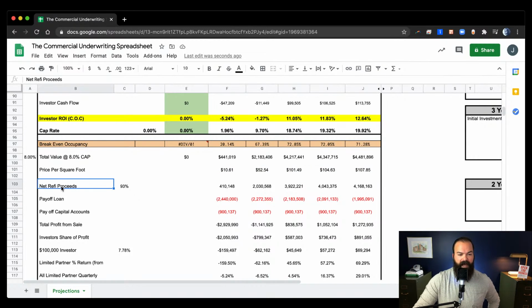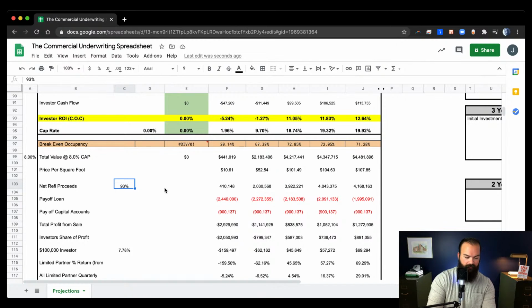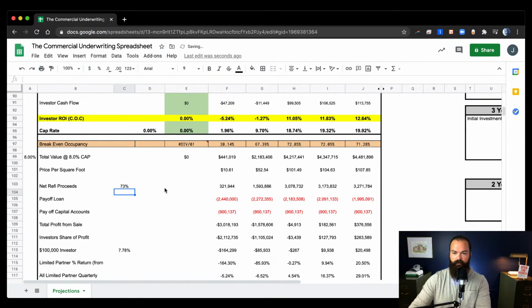And then this tab, I've got it labeled as net refi proceeds, because I'm going through a BRRRR here. So this would actually be closer to 73%, because we're going to leave 25% equity in the property when we refi. We'll probably take a 1% refinance fee as the GP for going through that whole process. And then I'm assuming the lender is going to want 1% as well.